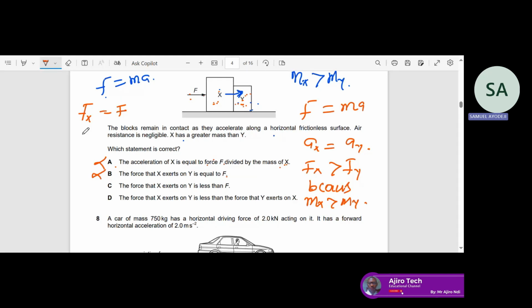So the force on Y will be less than F. Why? Because the acceleration is the same, but the mass of Y is lesser. So the force on Y is less than the force on X, because X is bigger.